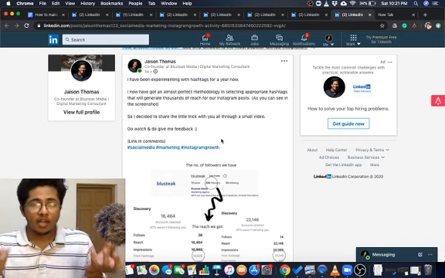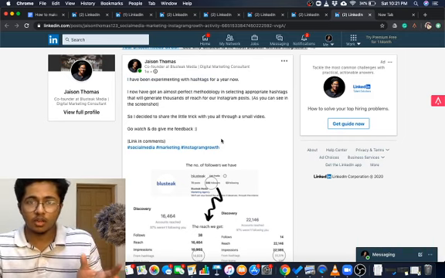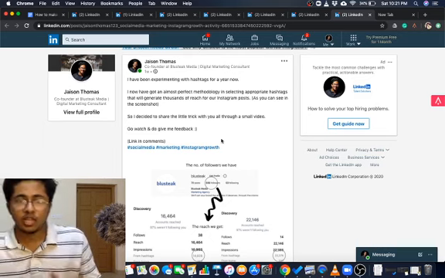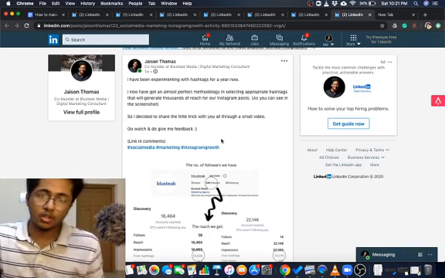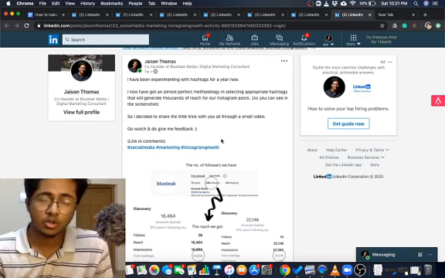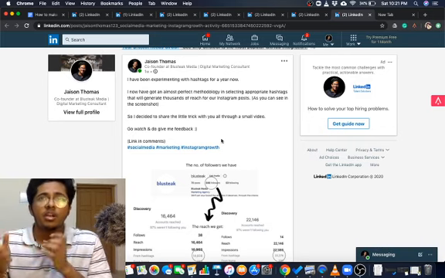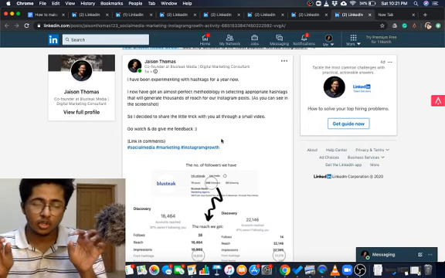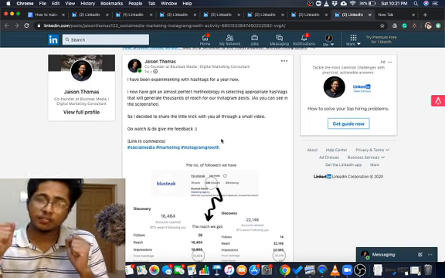LinkedIn doesn't have a heading line. You can only type as normal text on all the posts. After the image, people are only going to read your first line, and that should be the magnet.